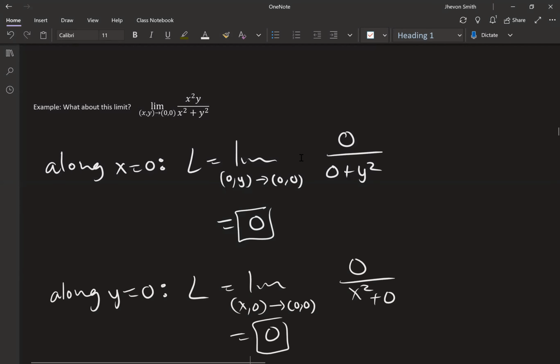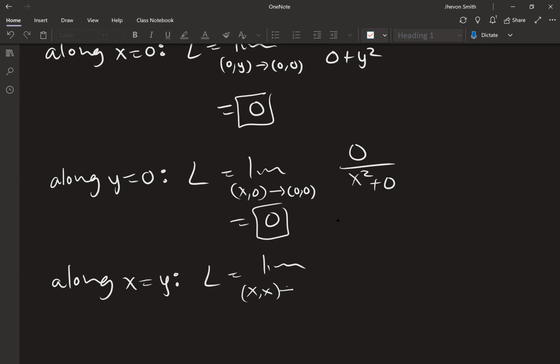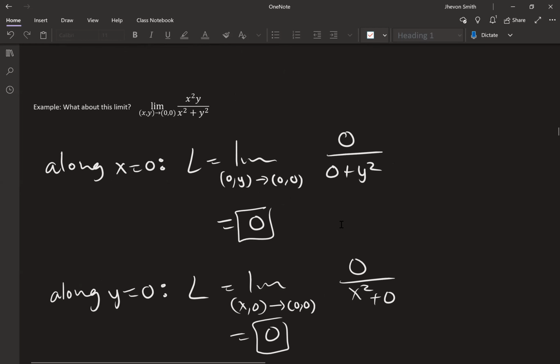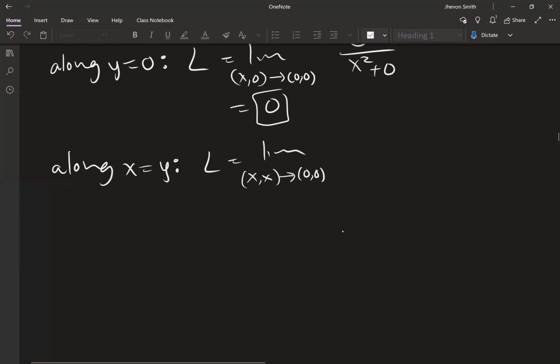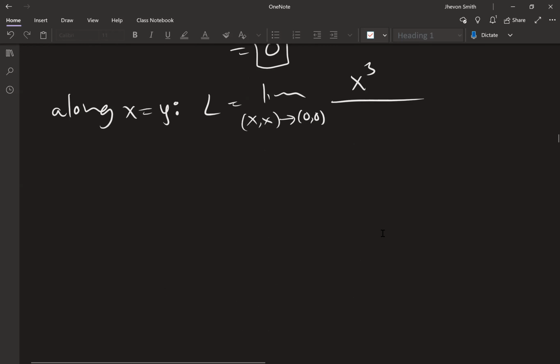X equals y, the God path, as a wise man once said. Okay, let's try x equals y. So I'm going to replace all y's with x's. What would we have? The top would give us x cubed, and the bottom would give us 2x squared.